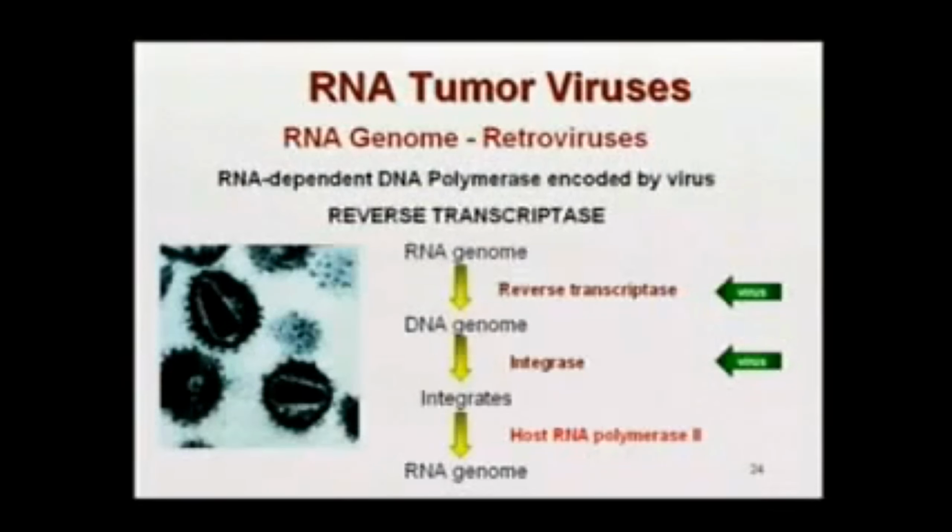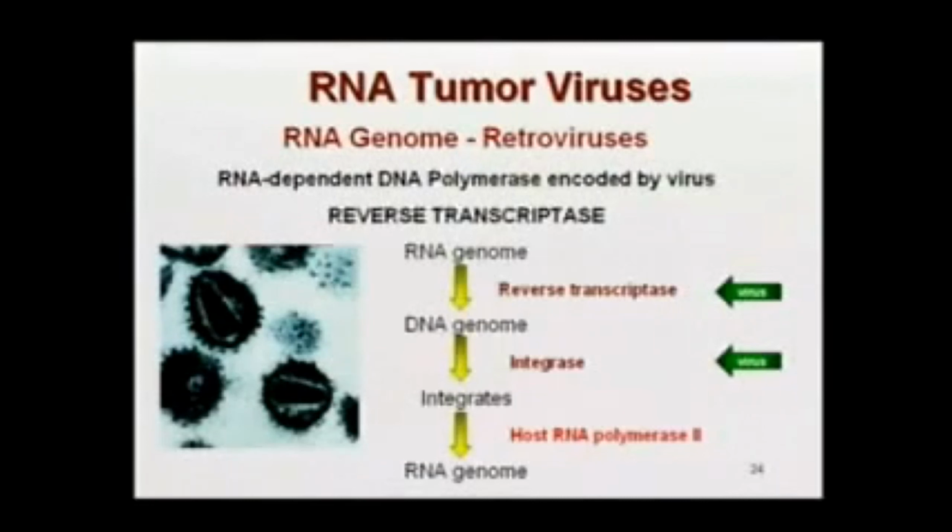We don't need to copy RNA into DNA. We don't need to take bits of DNA and stick them in our chromosomes. The virus does. And so it gives us an avenue of antiviral chemotherapy. I'll talk to you about that later on in the week.